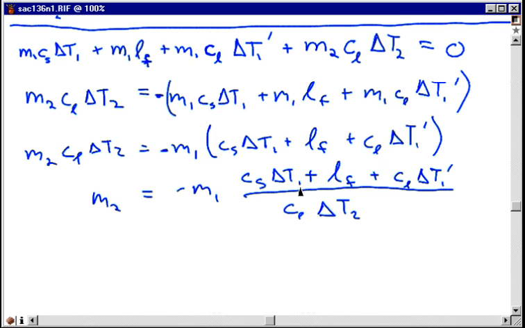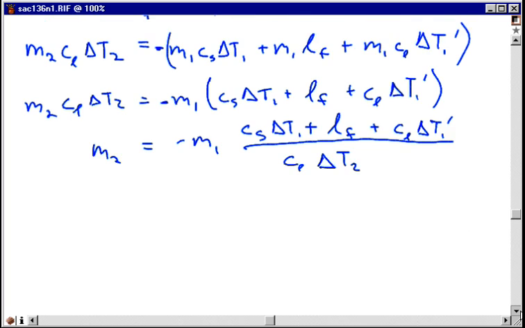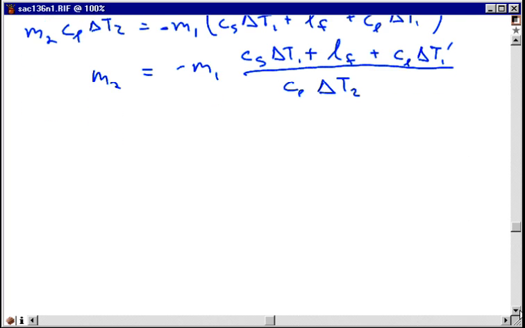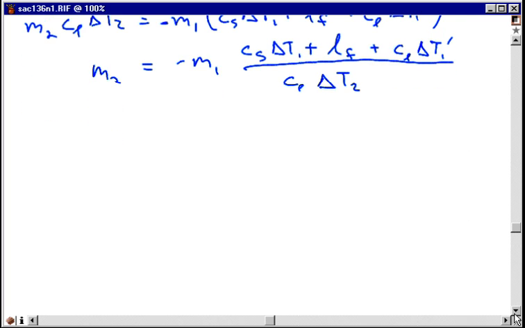Well, let's look up some of these values. Cs, that was the specific heat of the ice. How much heat per kilogram you have to add per Celsius degree to increase the temperature of the substance. Cs, specific heat of solid ice. I looked that up in a textbook. You could also look it up on the internet.